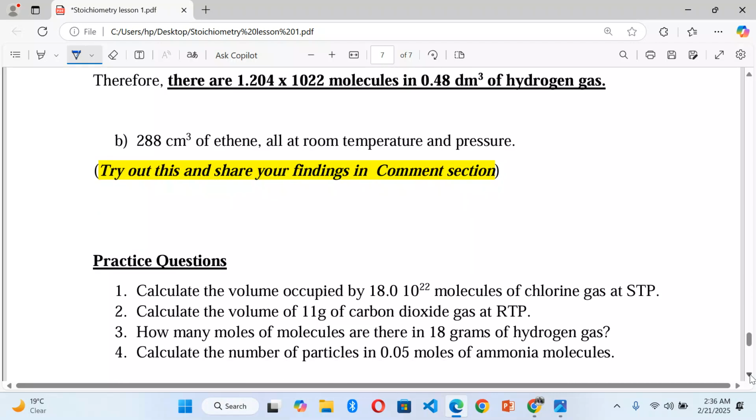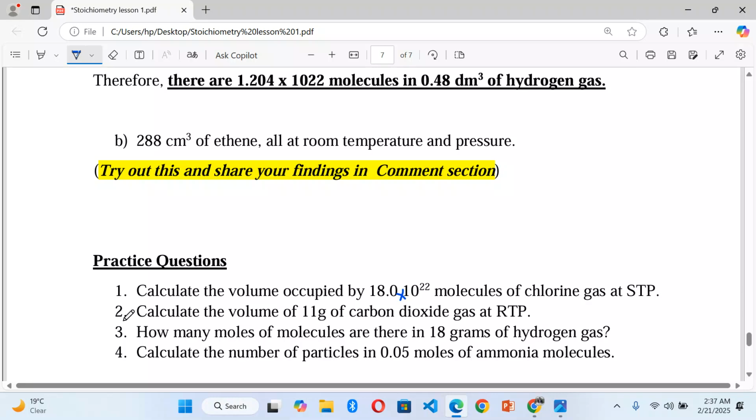Then I also have other practice questions on the work. These practice questions cover all the work we have covered in this lesson, and we have 4 of them. I'll read them, you note them down, and you calculate them. Calculate the volume occupied by 18.0 times 10 to the power 22 molecules of chlorine gas at STP.